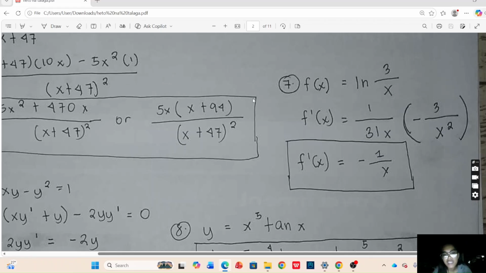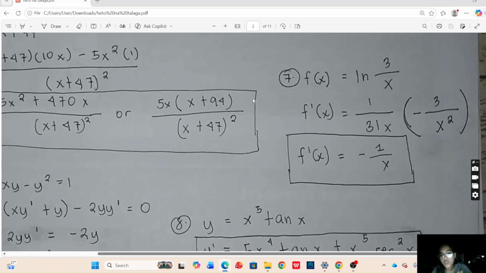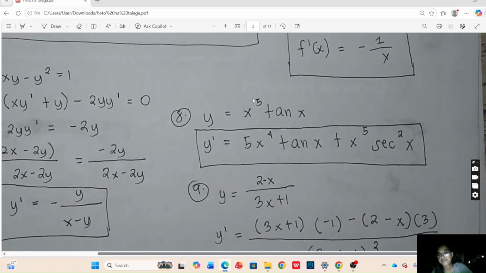The derivative of the natural logarithm of 3 is 0 because it is a constant. Then the derivative of the natural logarithm of x is 1 over x. So, the final derivative is negative 1 over x.